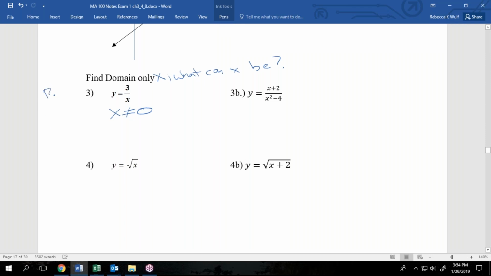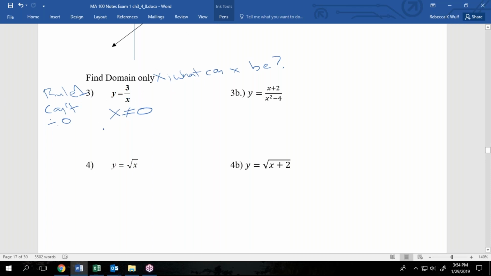So I used to think domain was really hard, but it turns out there's really just two main rules. We can't divide by 0 is one of our major rules. Now, in this case, 0 itself is an issue. It makes this undefined when I plug in 0, so I'm not allowed to plug in 0. So what am I allowed to plug in?